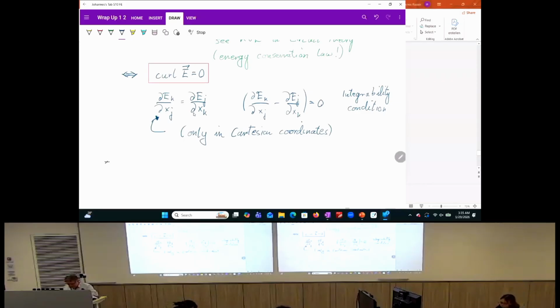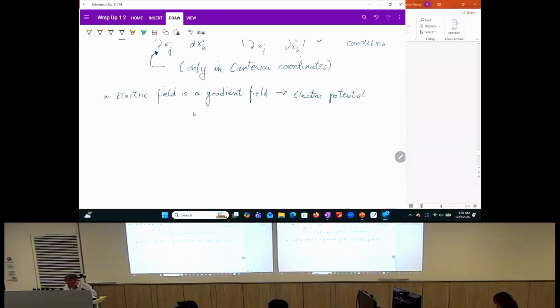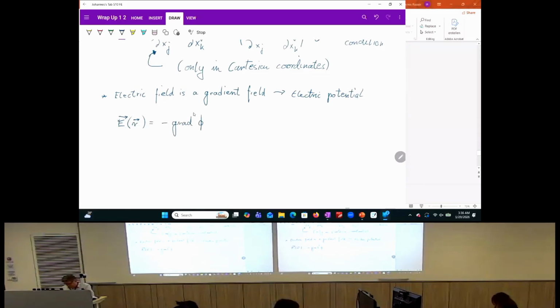A further important takeaway from what we have discussed in the last couple of days is that the electric field is a gradient field, and that points us to the electric potential. Because it is a gradient field, it can be obtained from the gradient of a scalar field.